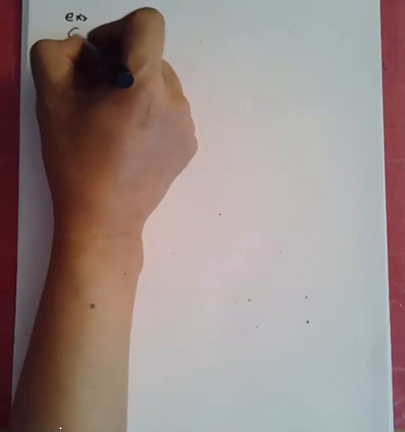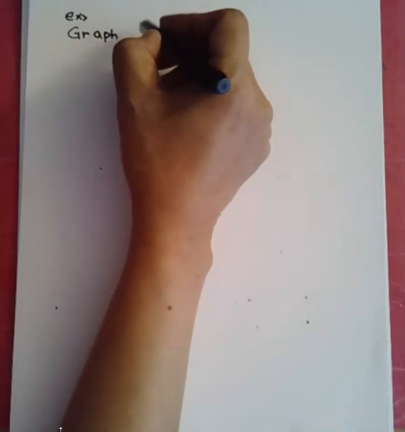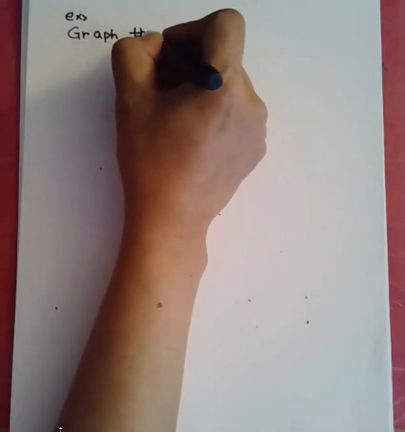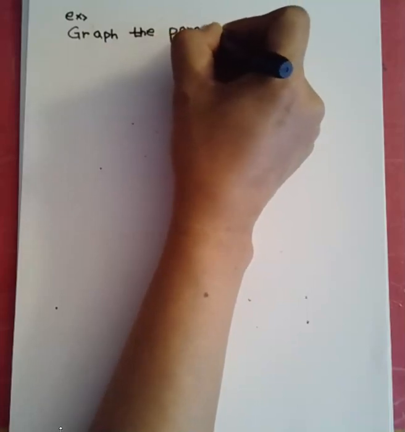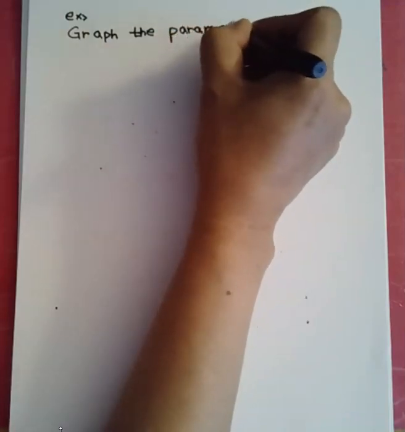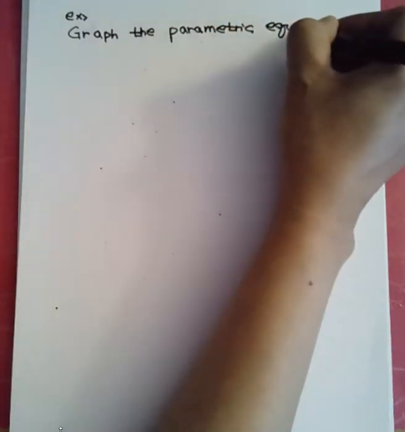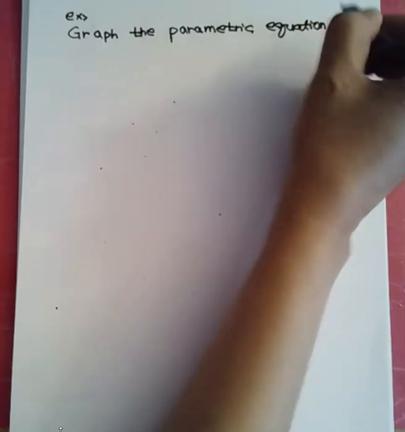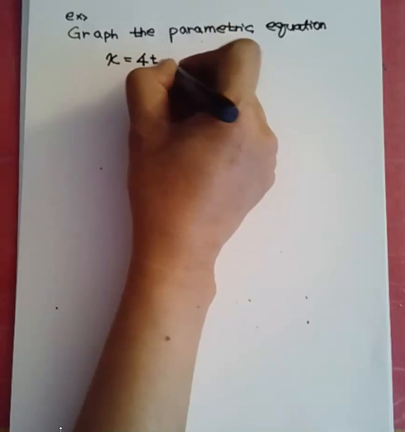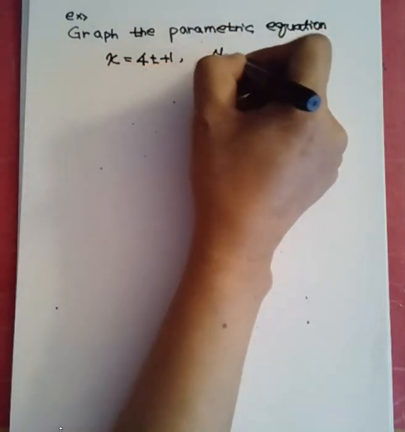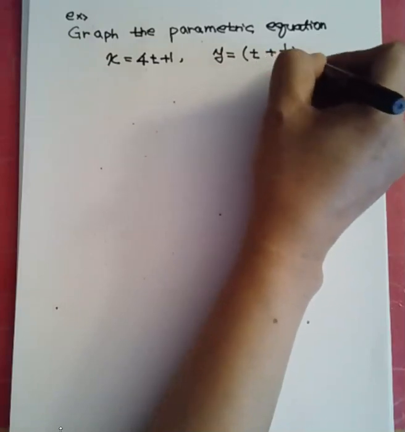Let's graph a different type of the parametric equation, which doesn't use trigonometric functions. We have x equals 4t plus 1 and y equals (t plus 1 over 4) squared.